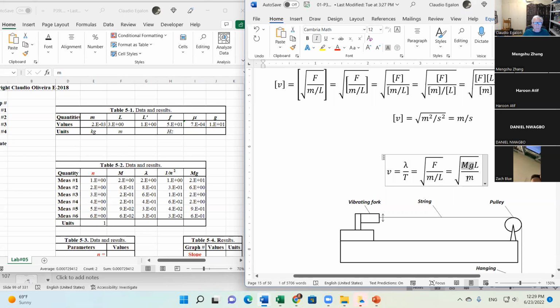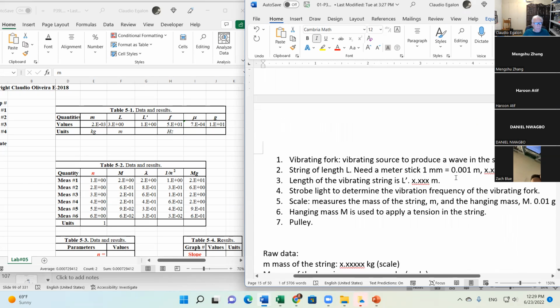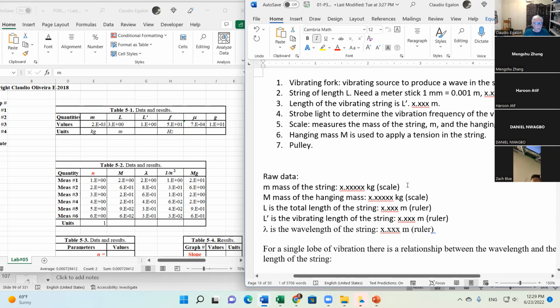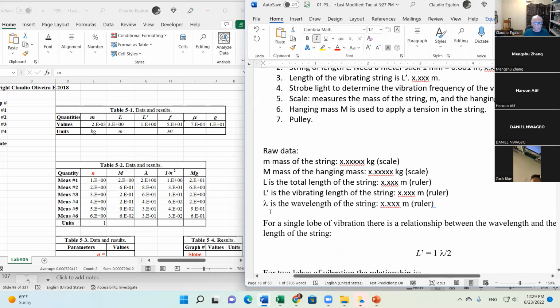The mass per unit length is lowercase m divided by L, and that's going to be the velocity. Okay, so here you go, I have lambda. You will need to measure the wavelength of the string as well.